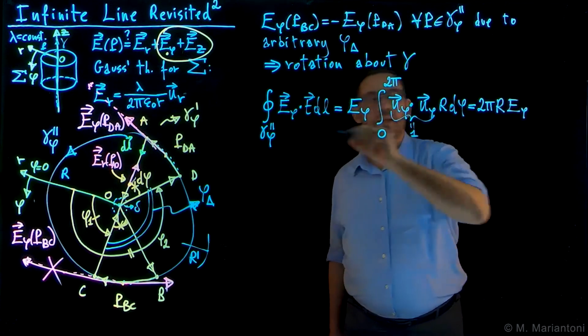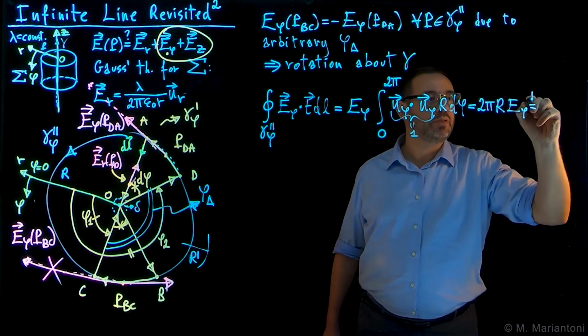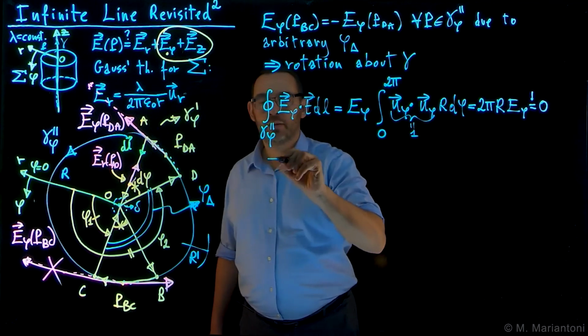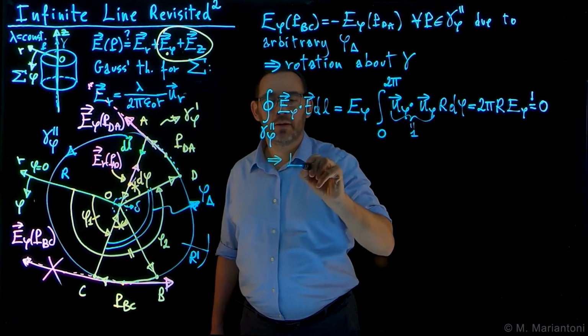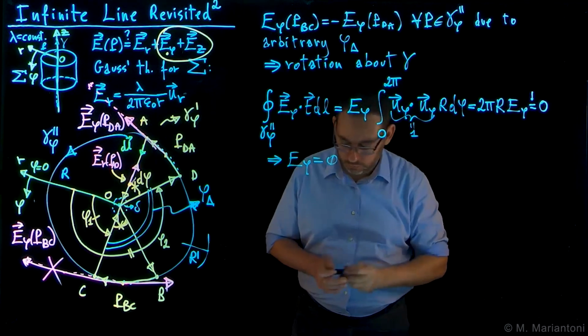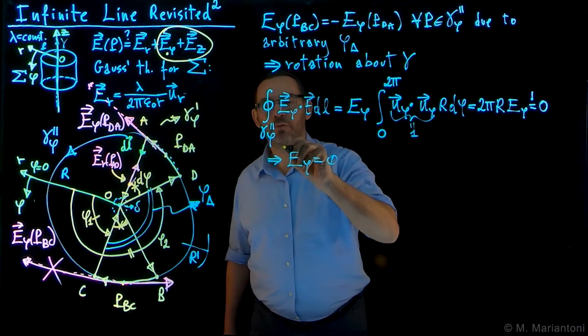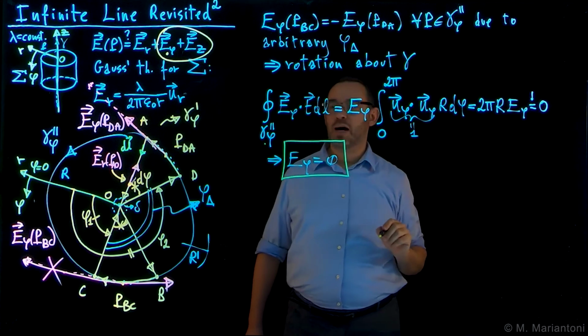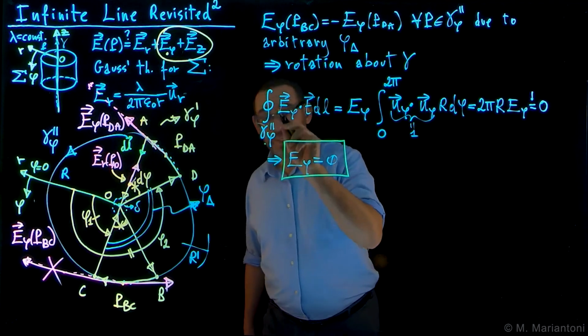And this quantity, the rotational property, here comes the physics, has to be equal to 0. So this implies that E_phi has to be equal to 0. So we found this beautiful result, using one more time the rotational property about gamma phi double prime.